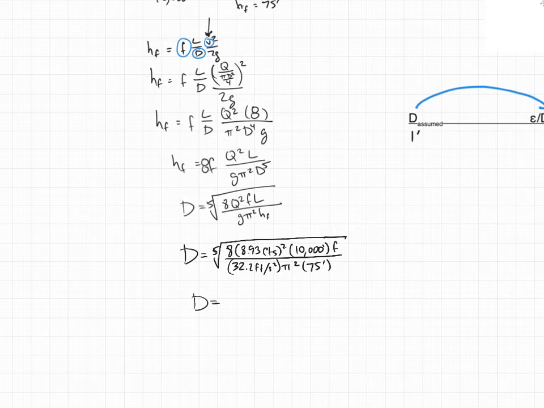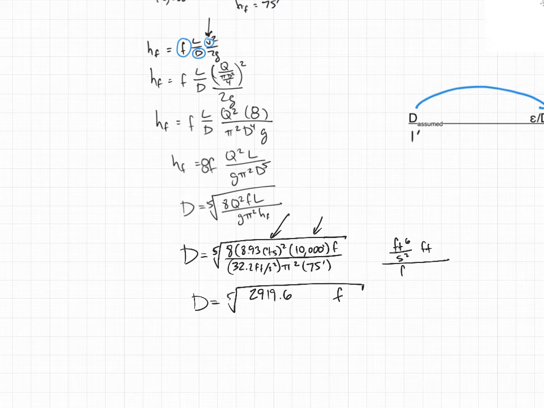So D equals the 5th root of, and this is a good time to check our units. We've got cubic feet squared, so that's feet to the 6th per second squared, times feet, divided by, on the bottom, feet squared over seconds squared. The second squareds are going to go away.